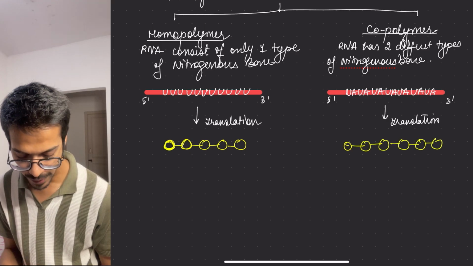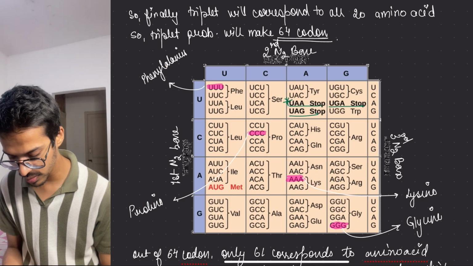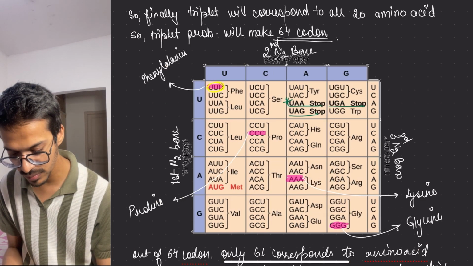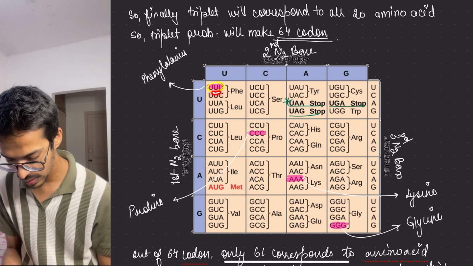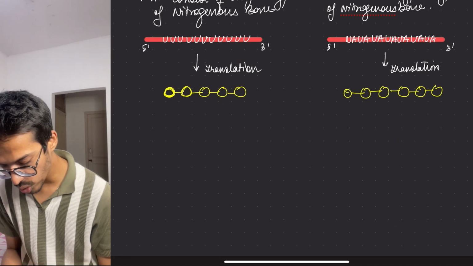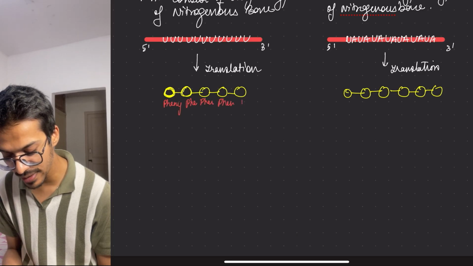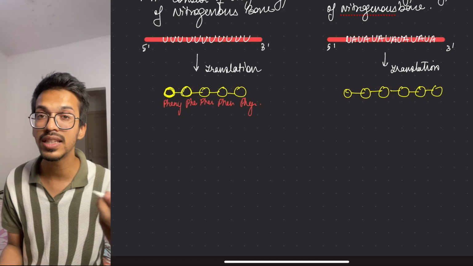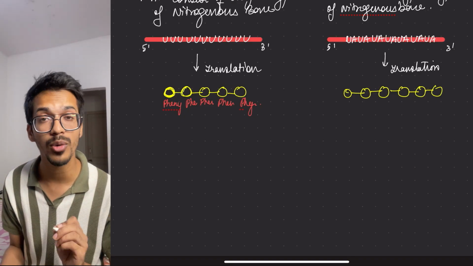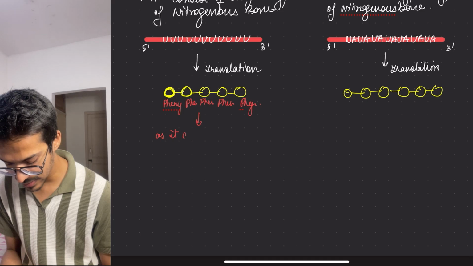When he analyzed, you know that triple U will respond to this thing. Can you see this? That is phenylalanine. So when he analyzed this whole chain, there was 100% phenylalanine present as the amino acid.